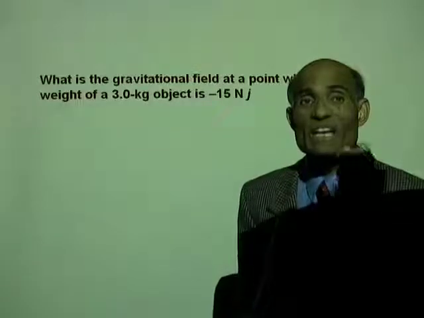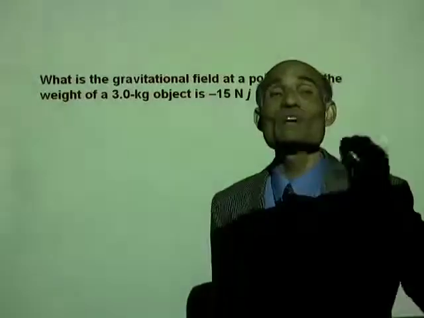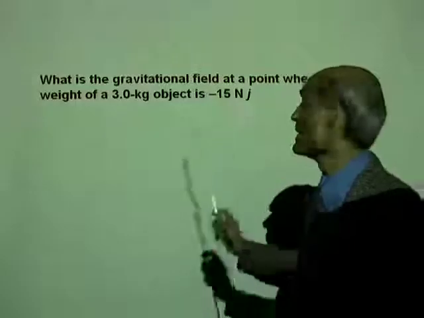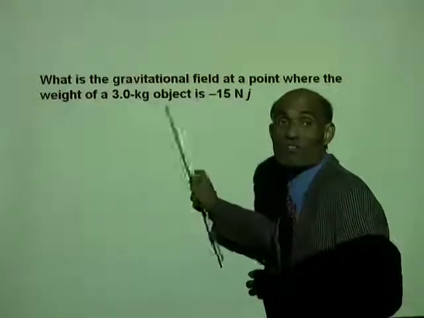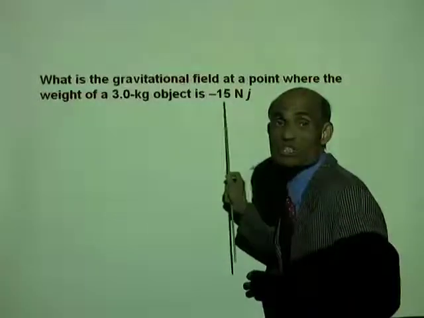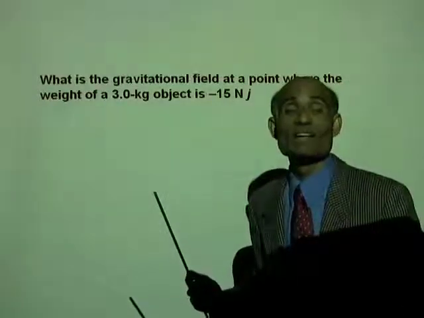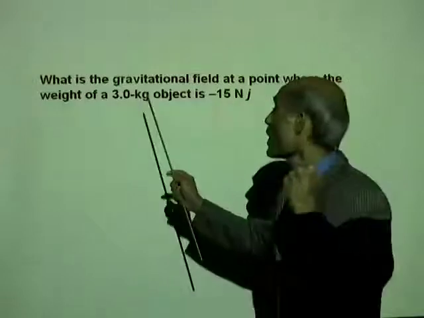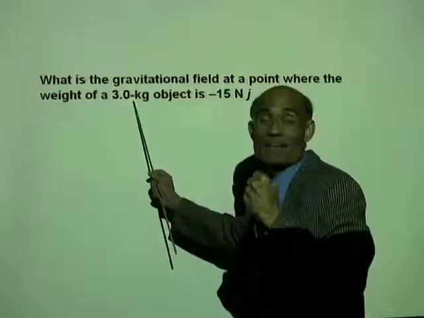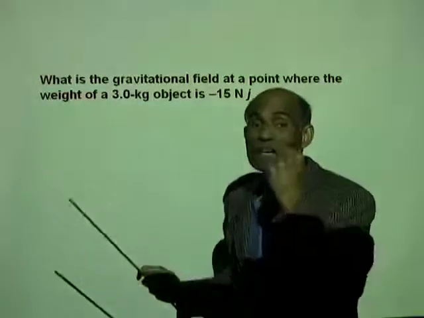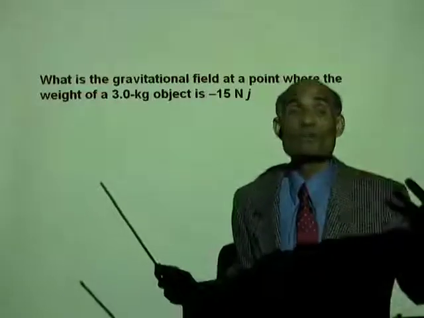Gravitational field is the force per unit mass. The weight of a 3 kilogram object is negative 15 Newton, which means that is the force on the 3 kilogram there. Therefore, if you place 1 kilogram, what will be the force?